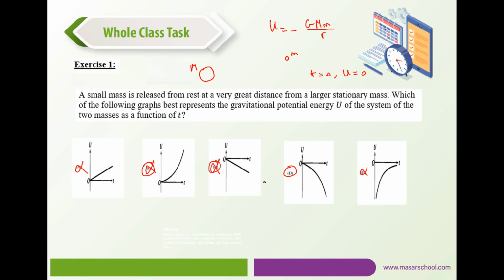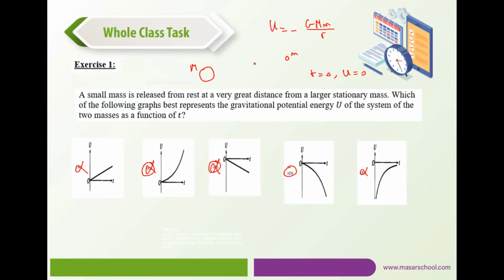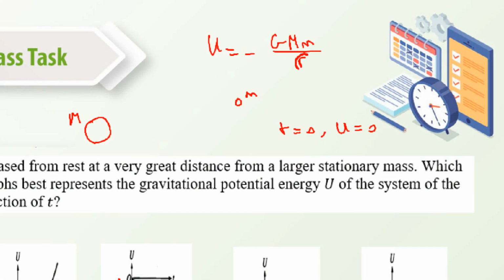But let's continue the argumentation even more. As we leave this system from a very great distance, if the mass m is not given any initial speed to perform orbital motion, then we expect that m will fall into the larger planet, which means as it goes down, as r decreases, we expect that the value of U, because it's negative, will increase.